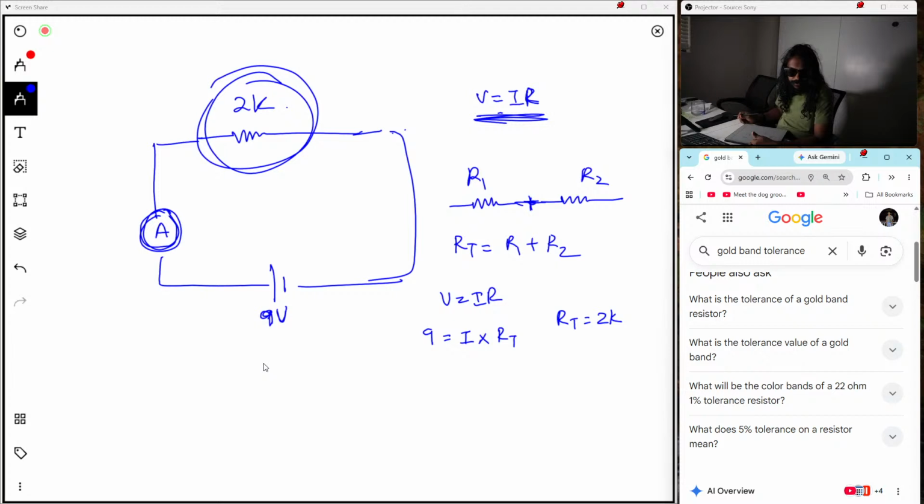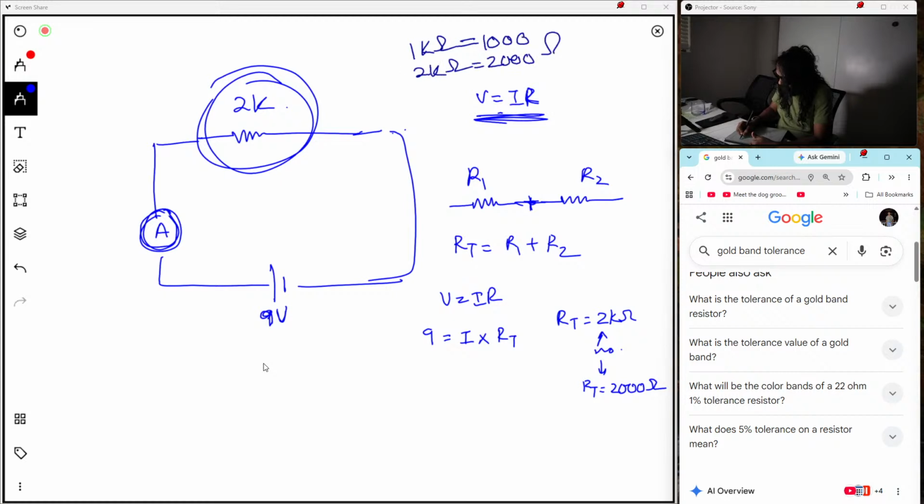When doing your calculations, it is always good practice to substitute all the required parameters in the base unit. Is 2 kilo ohms a base unit? No, right? So RT should be in base units, which is 2000 ohms. 1 kilo ohm is equal to 1000 ohms, therefore 2 kilo ohms is equal to 2000 ohms. So that's why we have to put 2000.